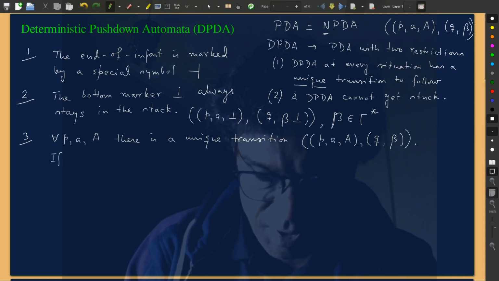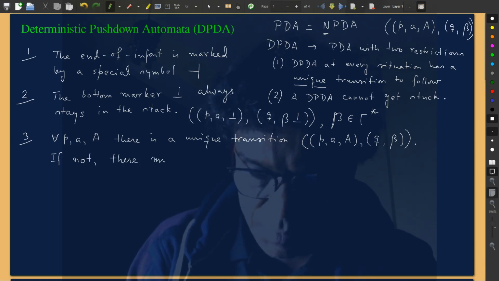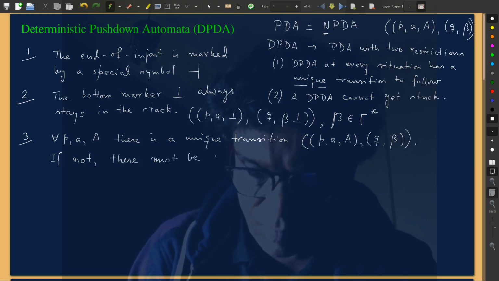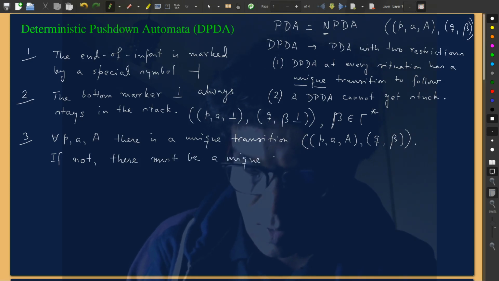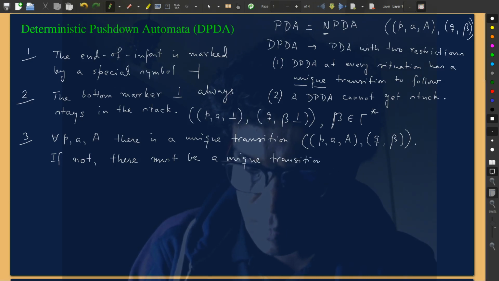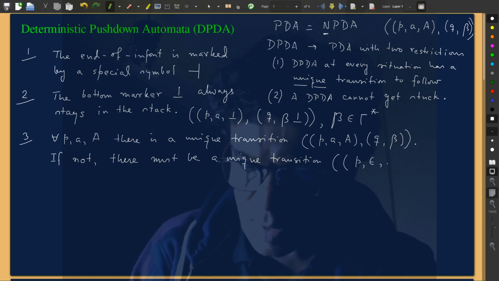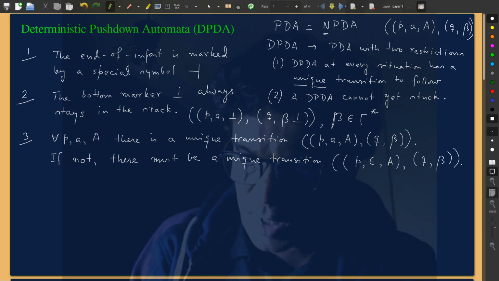If that is not the case, there must be a unique possibility of this form, something like this: epsilon, A, Q, beta. So note that epsilon transitions are allowed for a DPDA.